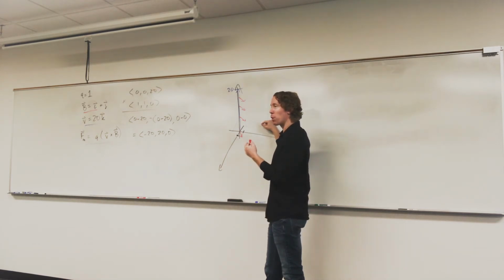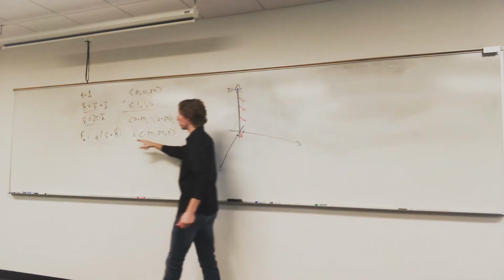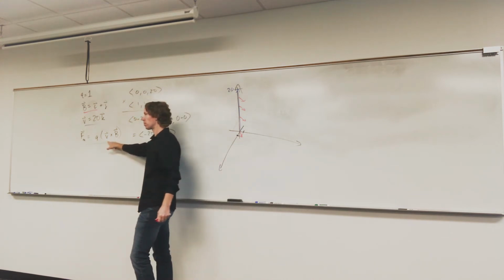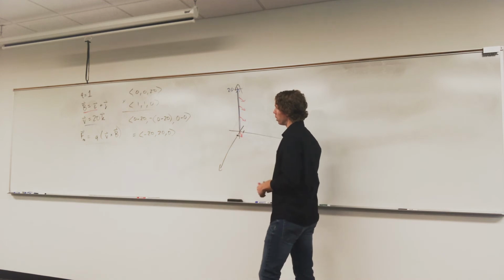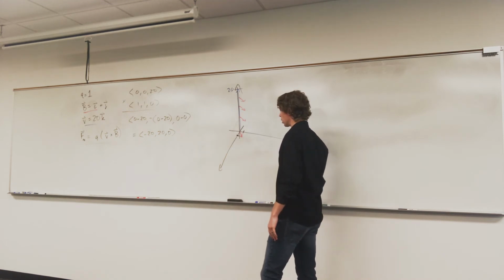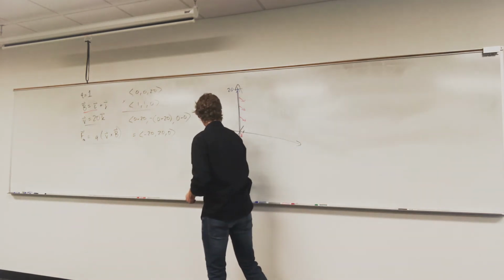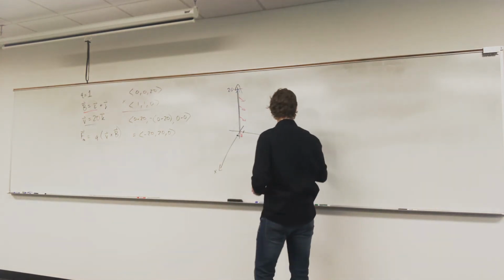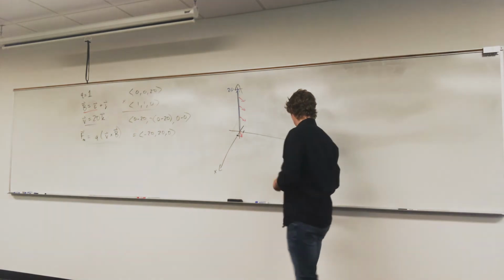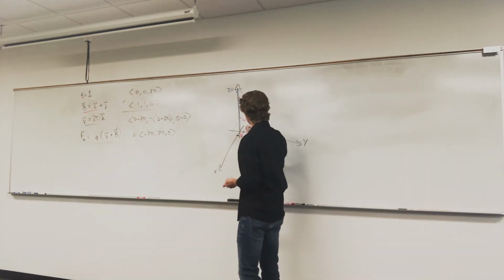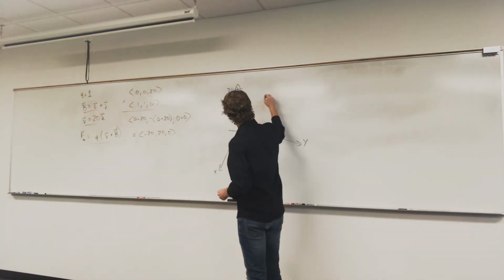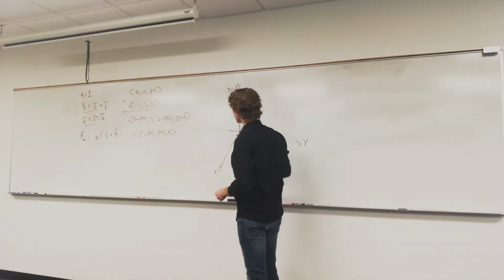The direction that the particle is going to get pushed is determined by this force. So let's draw that. Negative 20 in the x direction, positive 20 in the y direction. So negative 20 in the x direction takes us out to something like this.